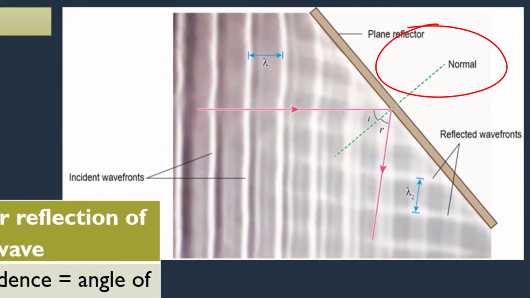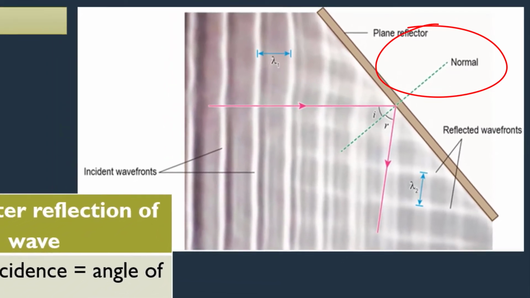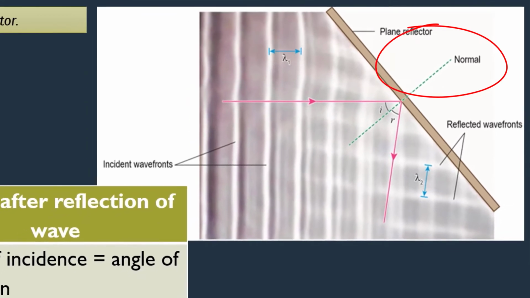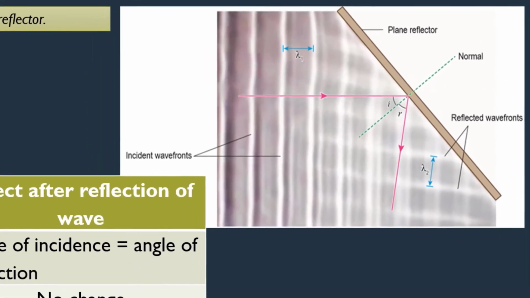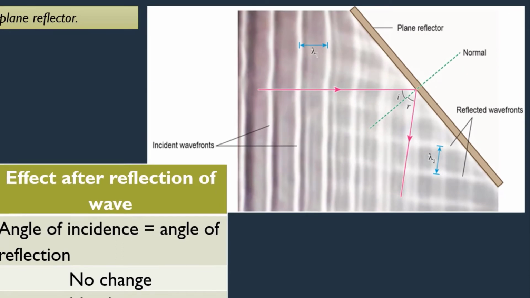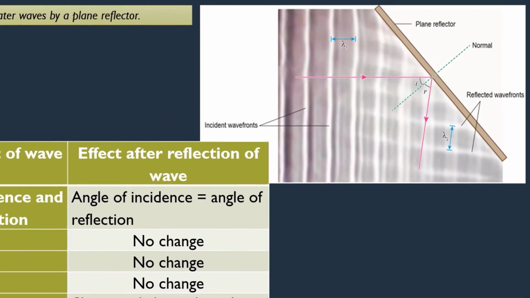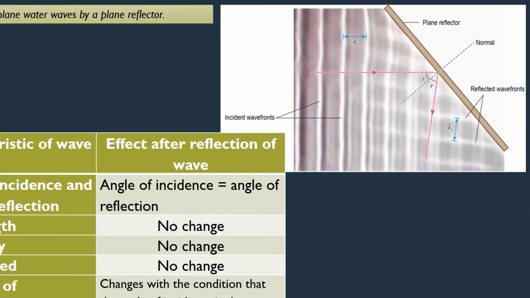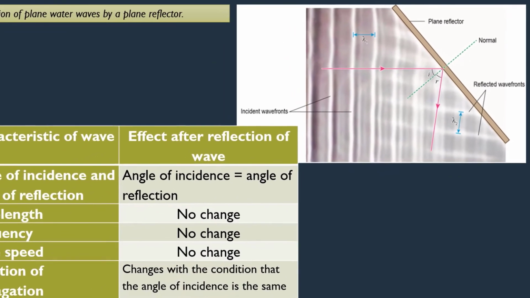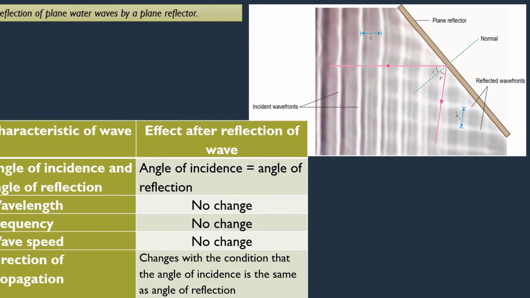When you draw, you must make sure the angle of incidence and angle of reflection are the same. What about the incident wavelength and the reflected wavelength? In the diagram, those are the same. They do not change before and after reflection.